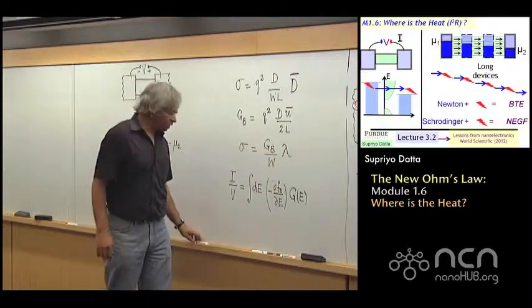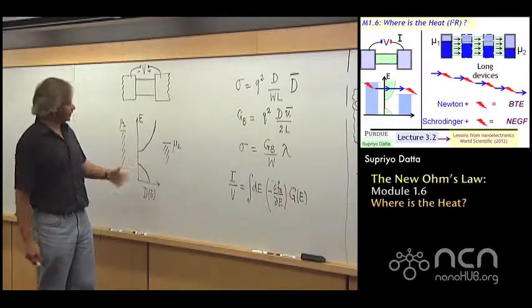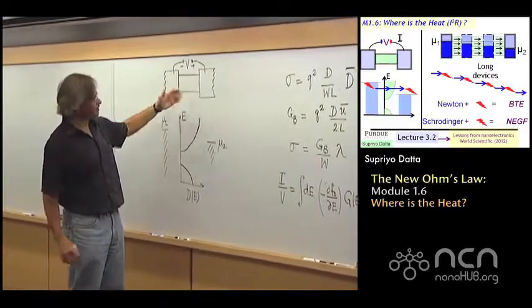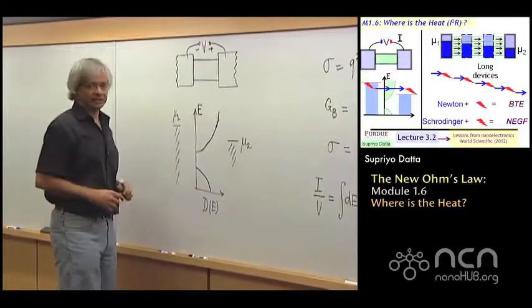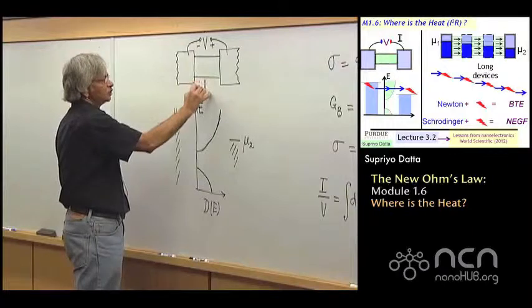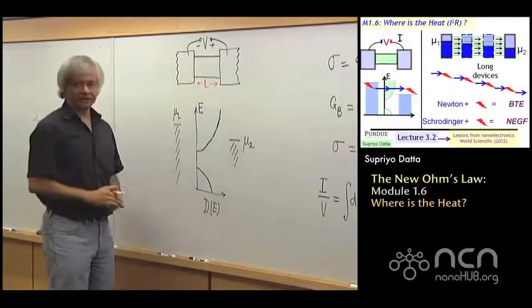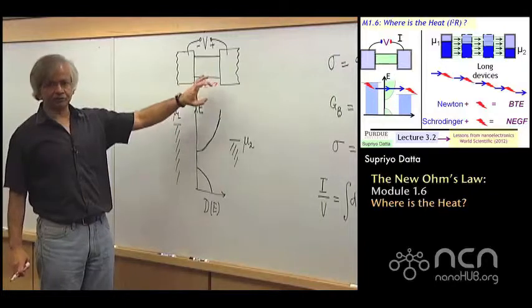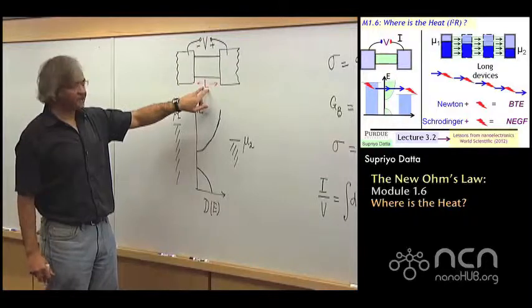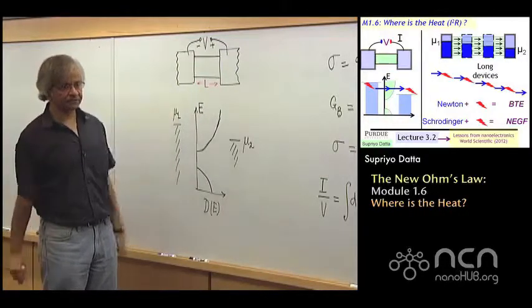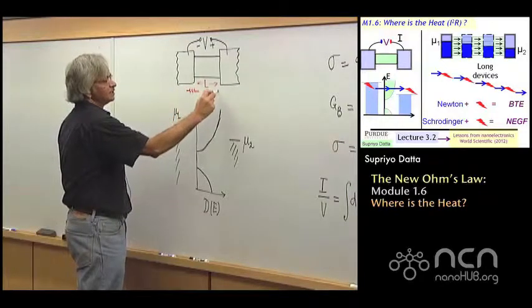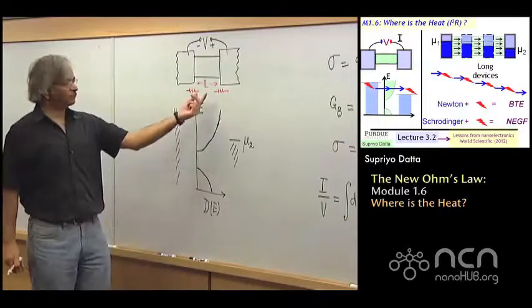You could think of it as if there is an additional resistance in series with the regular resistance. Ohm's law tells you that the resistance of this part should be proportional to this length. And what we are saying is, when length gets to be really small, the resistance doesn't go to 0. There is a constant resistance, and you could view that as something in series with the resistance of the channel itself.